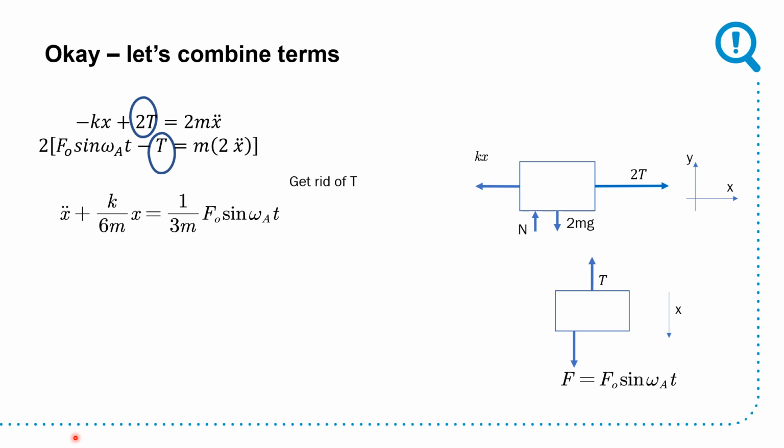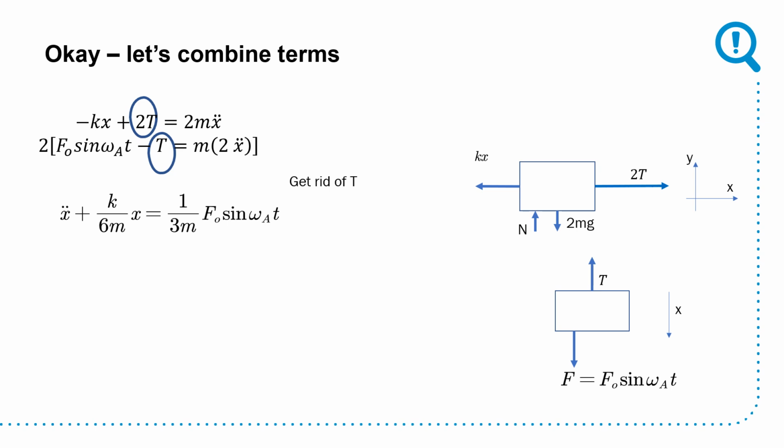Now, what you should be noticing here right away is that I've kind of skipped a couple steps. But 2F, 4x double dot m, 2x double dot m, and I've got kx. So if I put all of this together, I will end up with a 6m term, and this will cancel out to 3m. It's one of those things that's worth doing on your own.